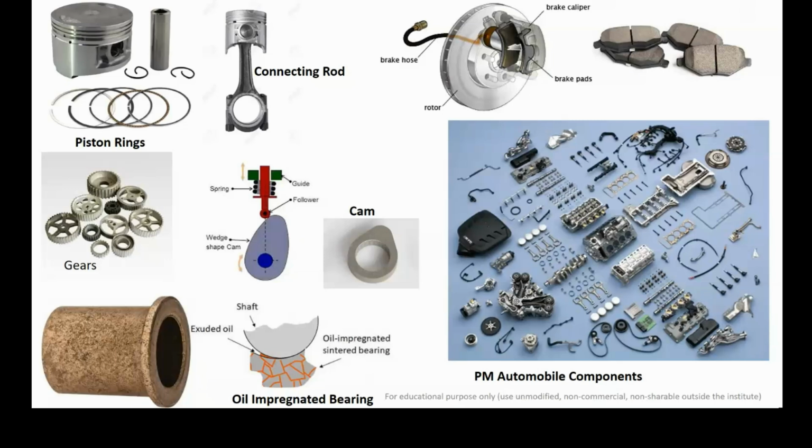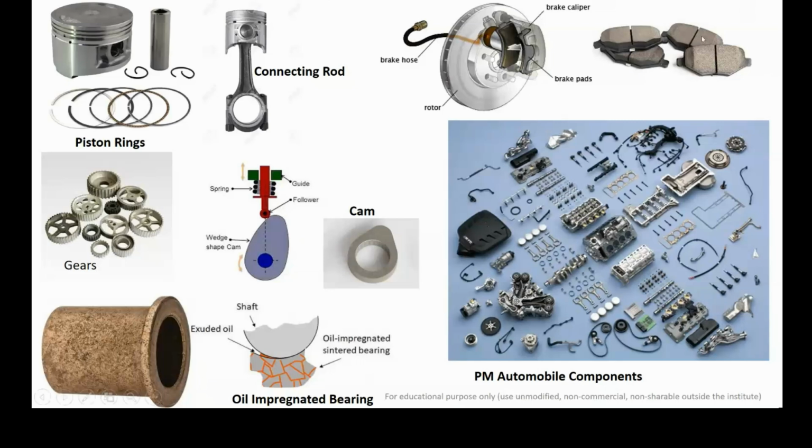Here you can see piston rings, which are used in the slots given on the piston, and they seal the gap between the cylinder and the piston. Then a connecting rod, which is used to transfer the linear motion of the piston into the rotary motion of the crankshaft.